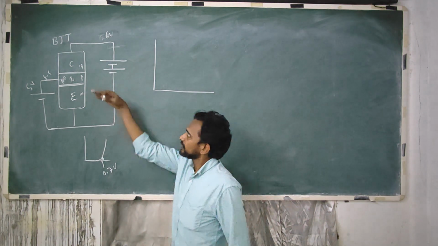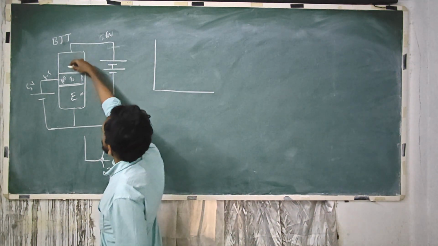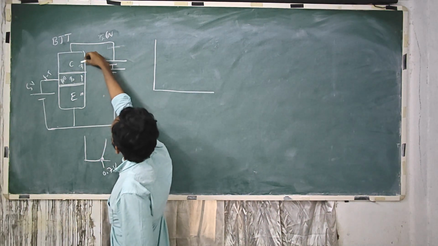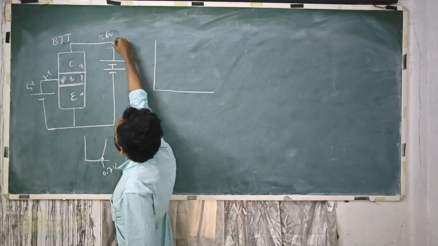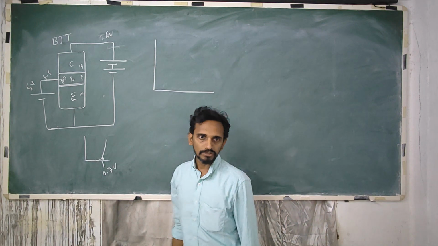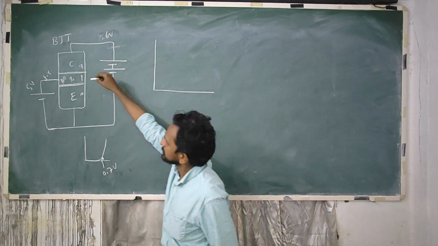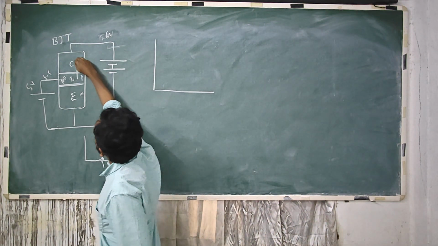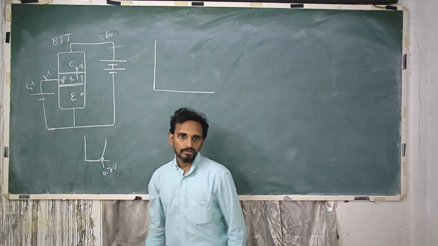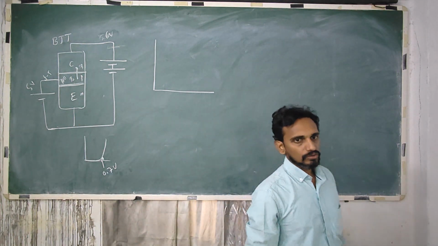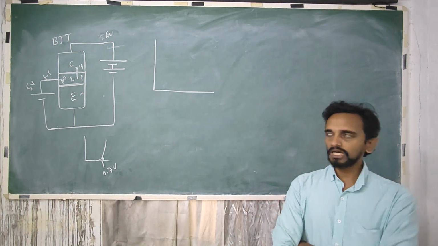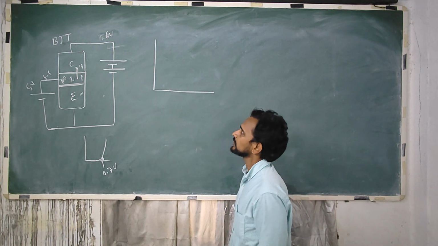So if I give a reverse bias, so I am applying a higher positive potential to collector. So what happens? All the electrons that enter here will go through collector and will be collected at the other end.